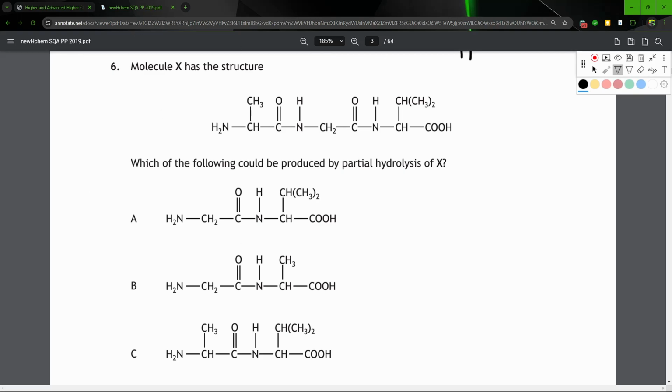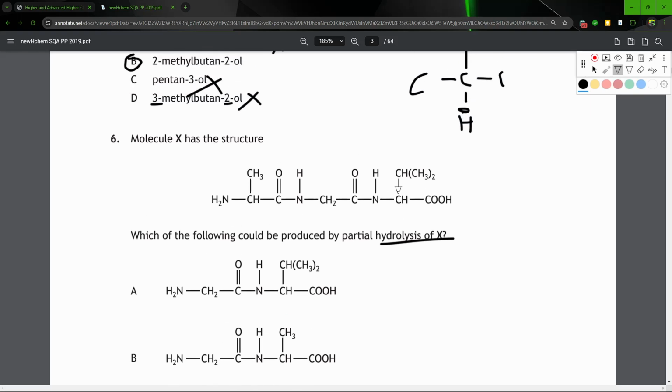So, we have this molecule here. Which of the following can be produced by partial hydrolysis of X? And remember, hydrolysis basically just means splitting with water. So that means we're going to split these molecules into smaller molecules, but it's also partial.